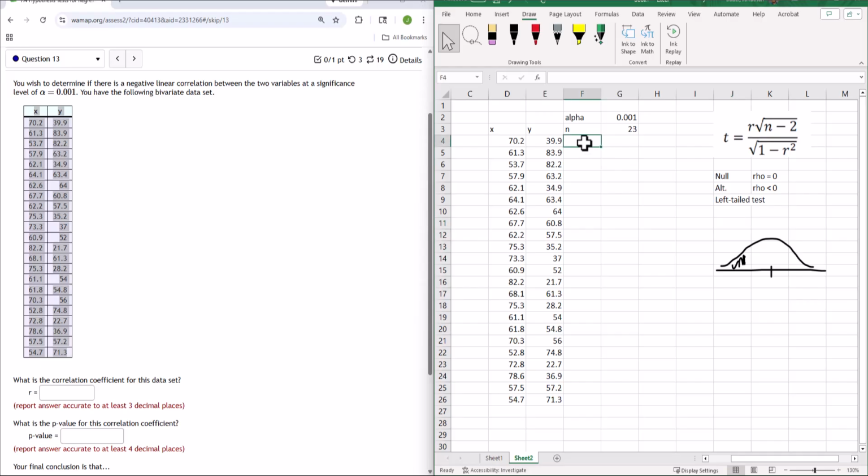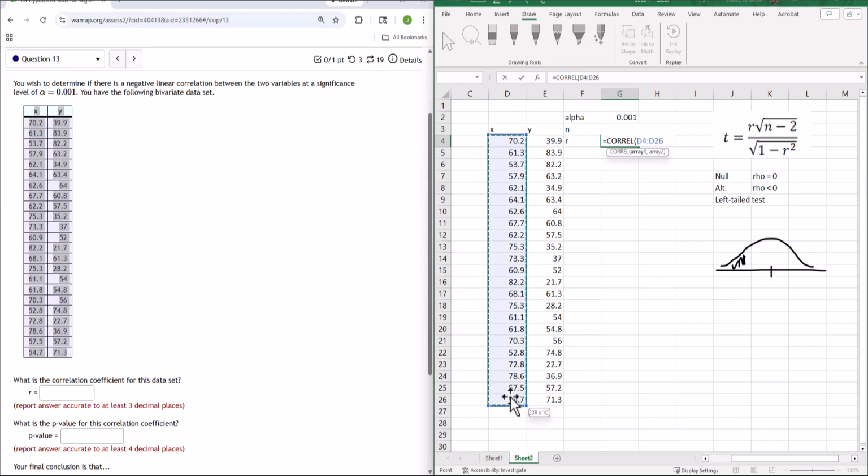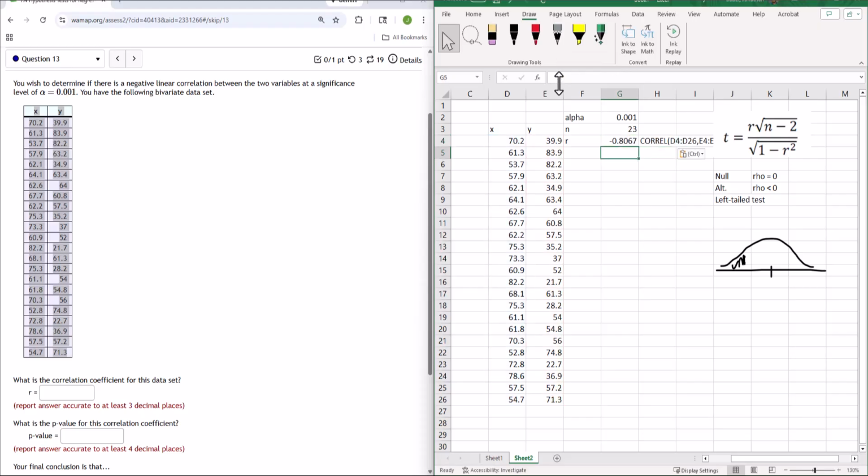So R is going to be using the correlation function, CORREL, and grab the first data set and the second. So we have a negative correlation coefficient, which at least lets us know that our data is moving down.